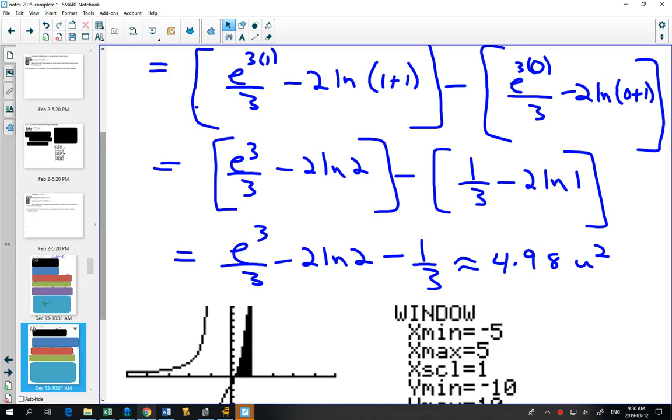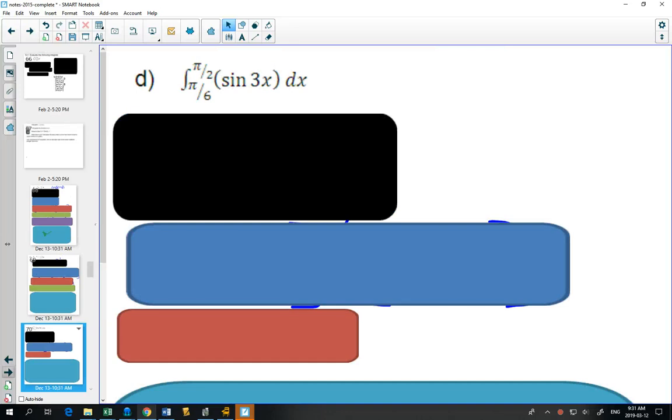So if we're thinking of it as an area, we can write unit squared. Good on this one? Again, don't really need the value there. It's just there for interest's sake.